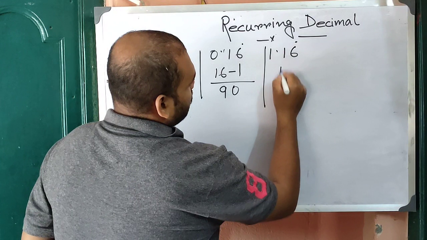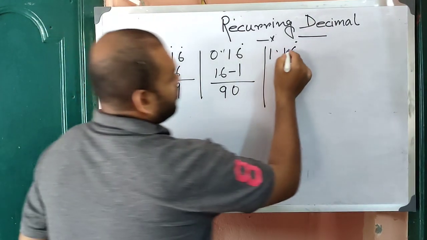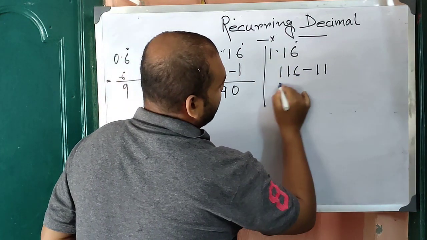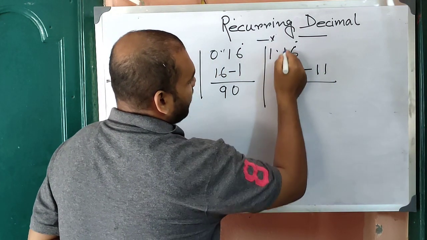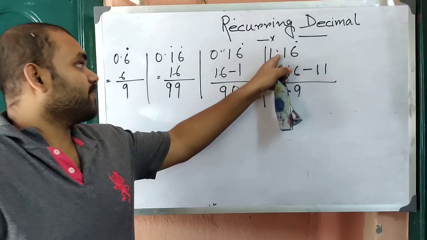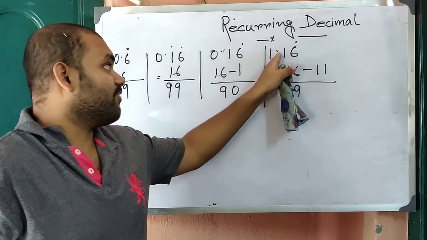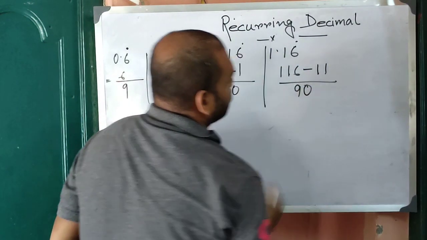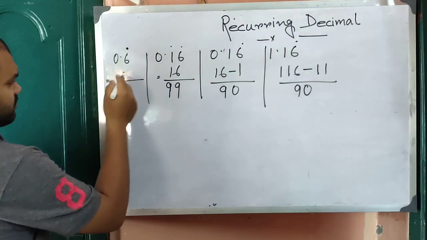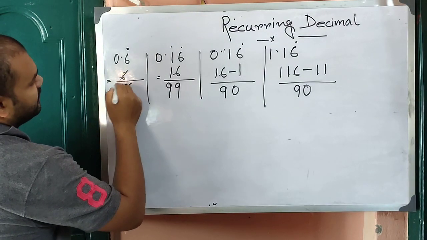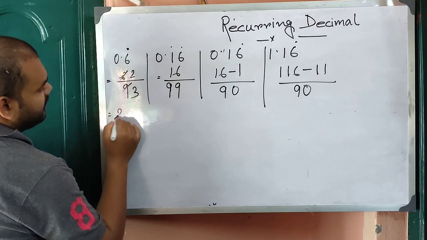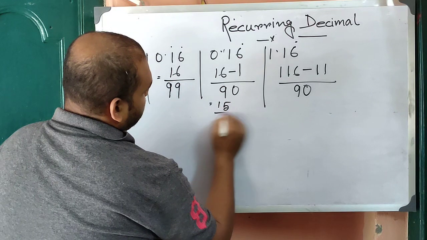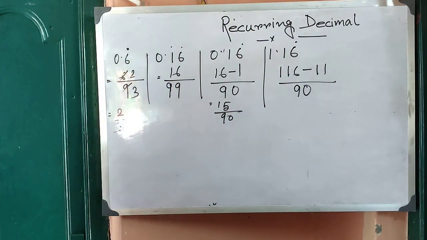But in this case write 116, then minus the non-recurring part 1, because we need to count 1 here, so 11, and then 9 for this, and for how many digits after the decimal are non-recurring? Only 1, so write 0, like this. Now you need to do the simplification, like 3 2s are 6, 3 3s are 9, so you can write 2 by 3. In this case it can be simplified, or like this.